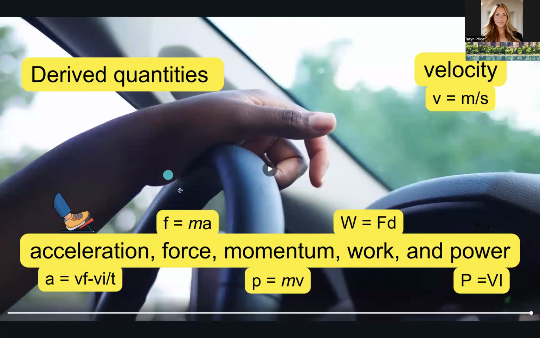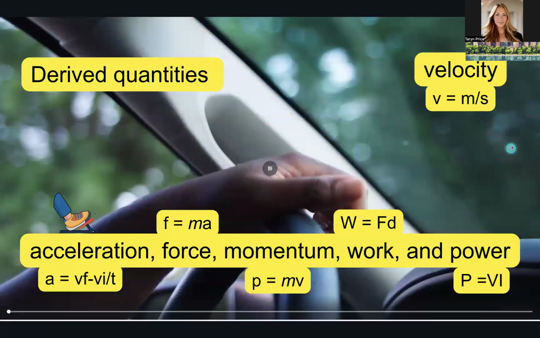One thing I do want to note about these different formulas that you'll see is that when you see an italicized M, so it has that slant on it, that's going to stand for mass. So you have to be using mass, maybe kilograms, things like that. When you don't see it italicized, it stands for meters.